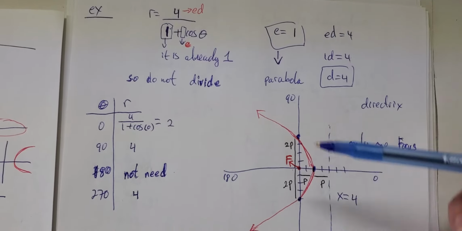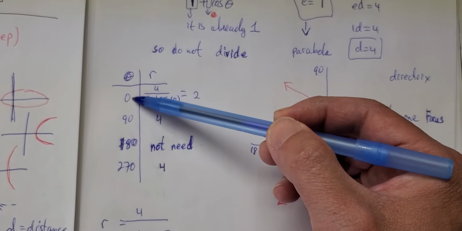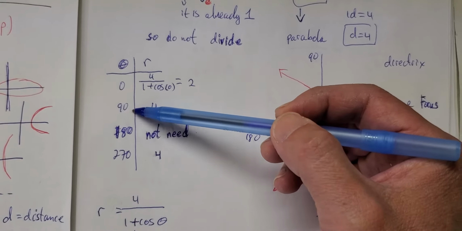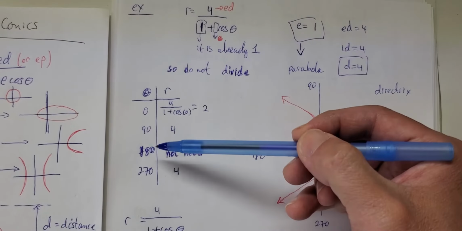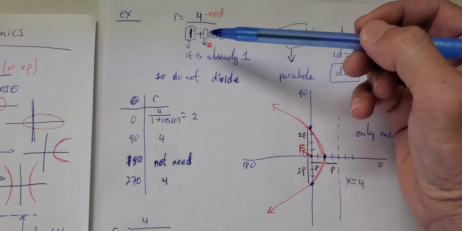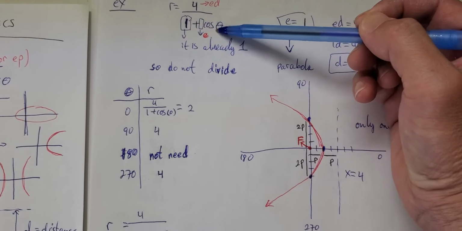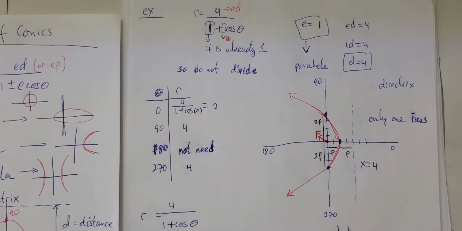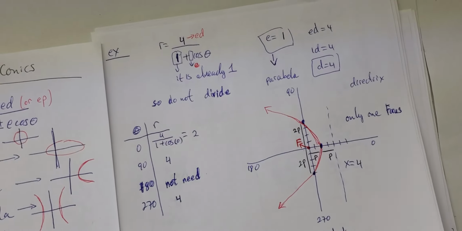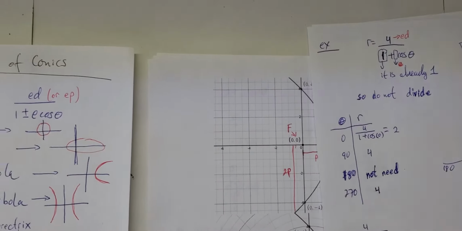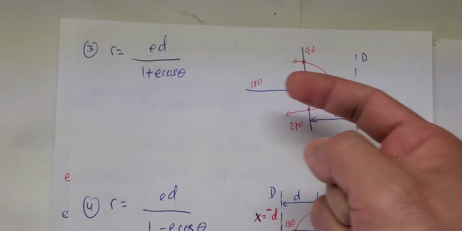Now, next we need to find these points. So again, always use 0, 90, 180, 270. But before we do this, if you look very carefully, it says plus cos. So let me go back to the page where it says plus cos. Where does it face? Since it is plus cos, it is faced to the left.